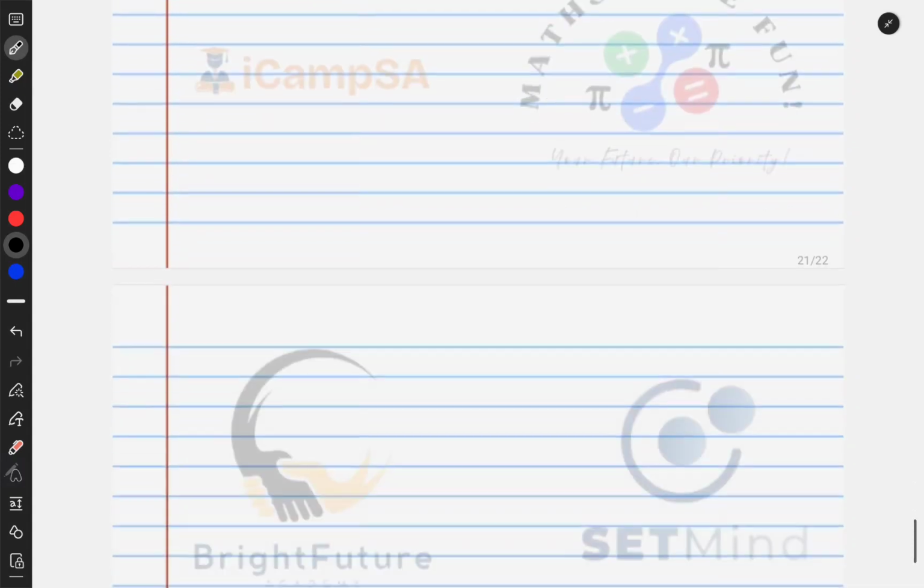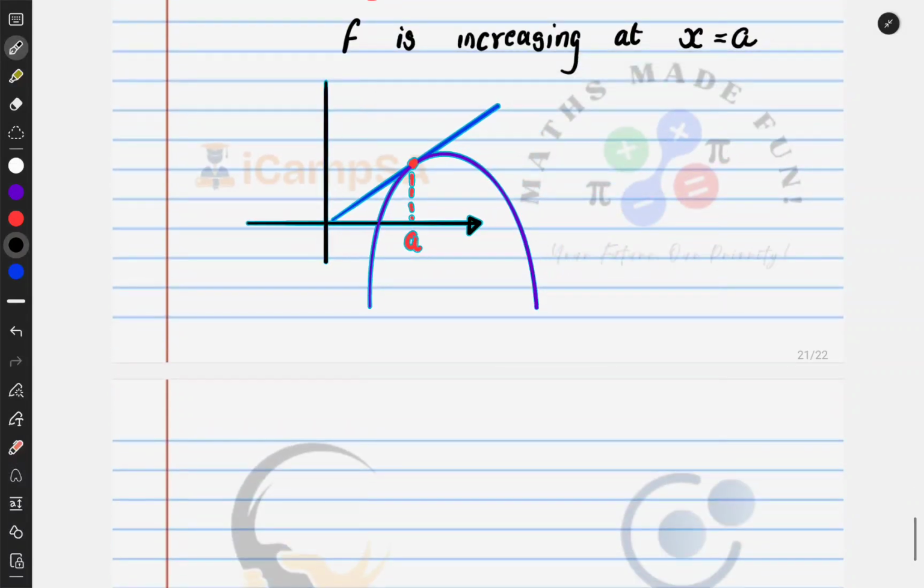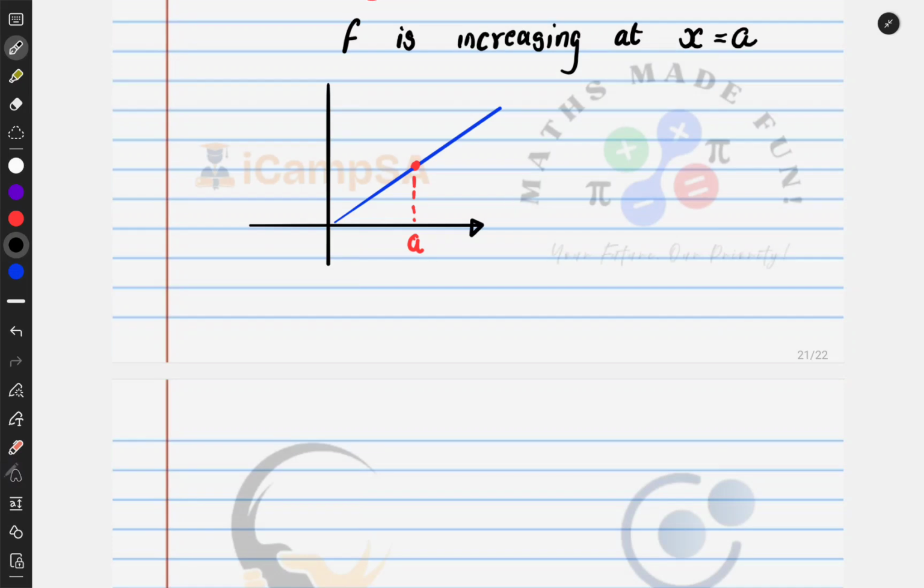And then the other situation will be when we have a function that decreases. Let's say our function goes like this, and then like this, and then we reach our stationary point there.